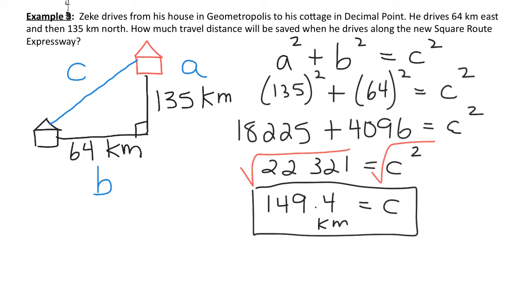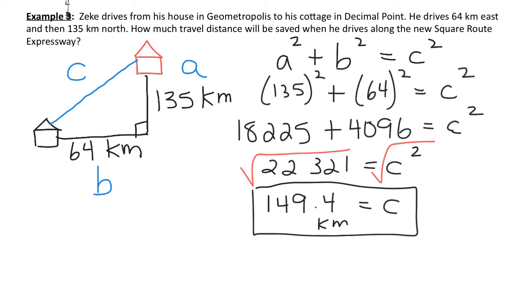Now, they didn't ask us to solve just for the length of that expressway. They want you to figure out how much travel distance would be saved. So in order to figure out that information, we actually need to find the difference between the length of the original route and the length of the new route.